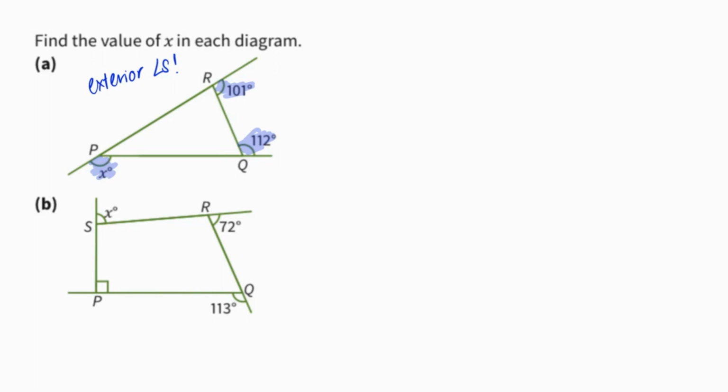And there is something really important to remember, that the exterior angle sum of a polygon is equal to 360 degrees. Meaning that actually x, 112 and 101 add up to 360 degrees.